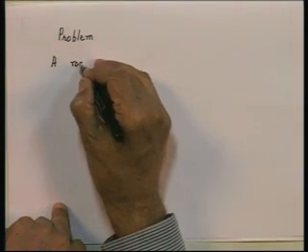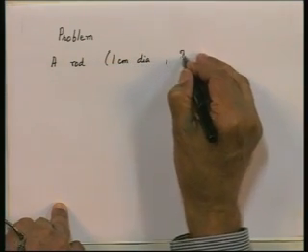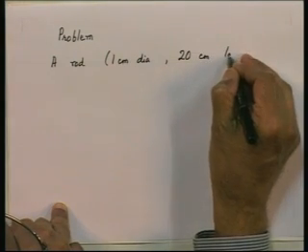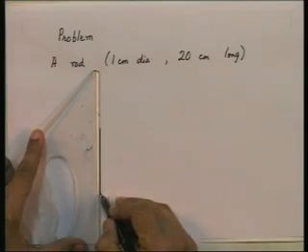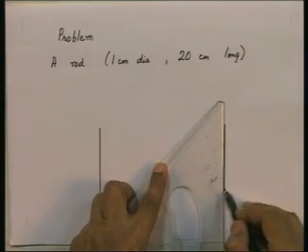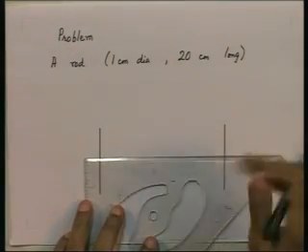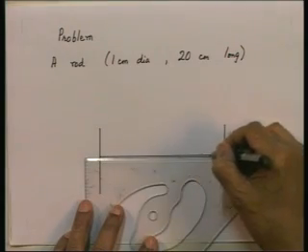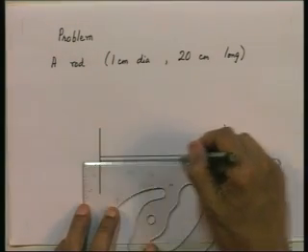Consider a rod 1 centimeter diameter, 20 centimeters long, which is fixed between two walls, each of which is at a temperature of 200 degrees centigrade. This is the situation I am visualizing now. These are two walls, between which I have a rod stuck, a thin rod, 1 centimeter in diameter, 20 centimeters long.